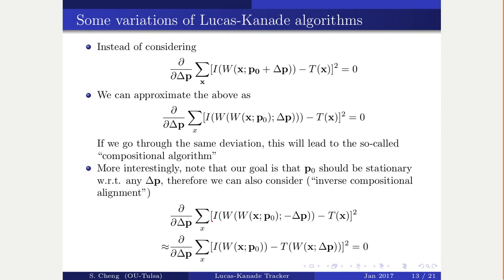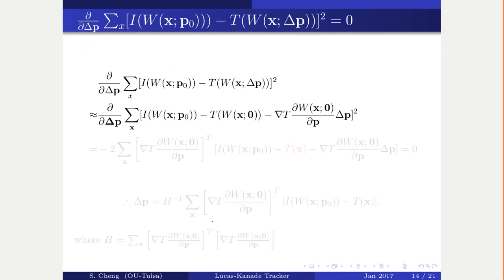And this is actually a very interesting equation, as you will see. If we continue to derive this, again we have a delta p here, and we can do a Taylor series expansion, assuming that delta p is small.